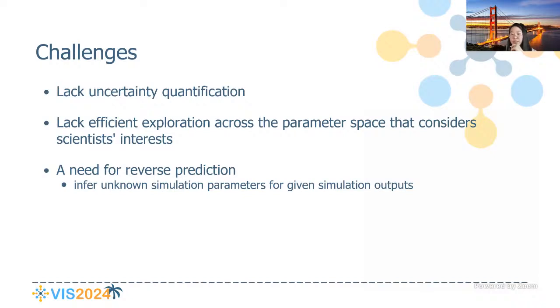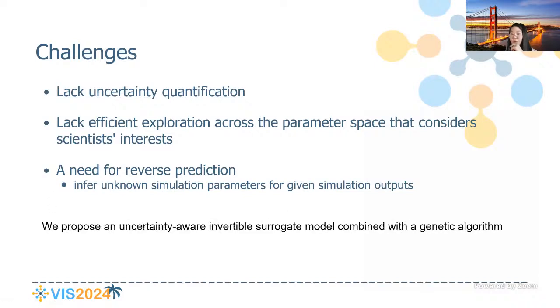The third challenge is reverse prediction, that is, the ability to predict the unknown simulation parameters for a given simulation output. This ability is crucial when scientists have the optimal simulation output but lack knowledge about the corresponding simulation parameters. So in our work, we propose an uncertainty-aware invertible surrogate model combined with a genetic algorithm.